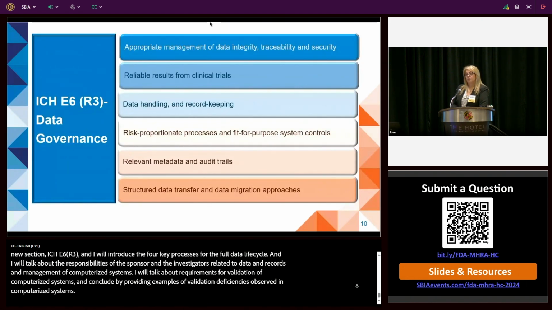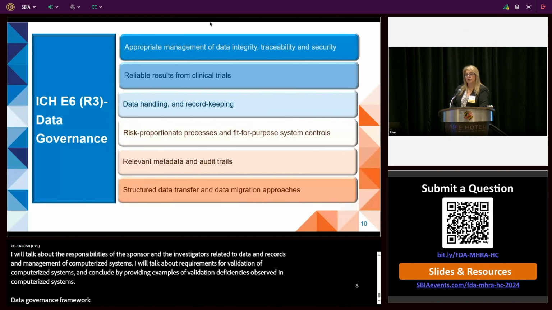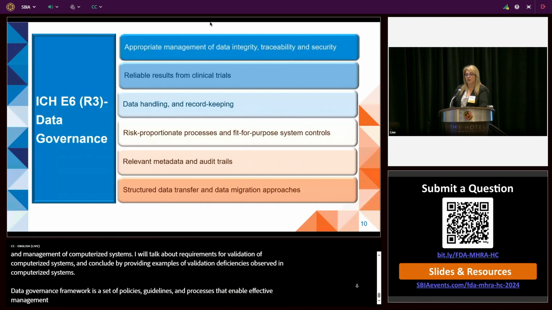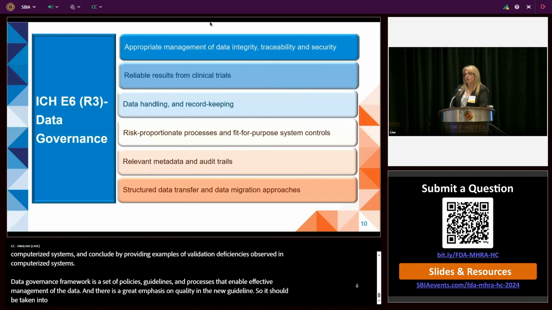Data governance framework is a set of policies, guidelines, and processes that enable effective management of the data. And there's a great emphasis on quality in the new guideline. So it should be taken into consideration that quality should be designed in the clinical trial using risk proportionate approach.